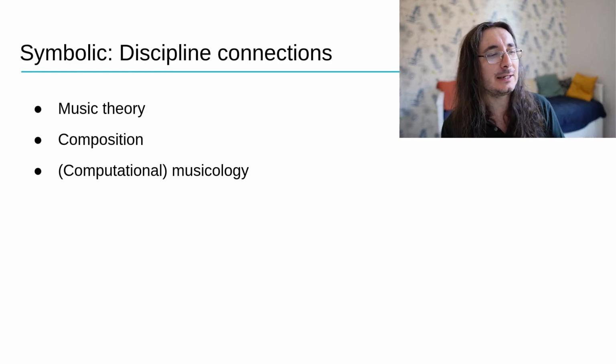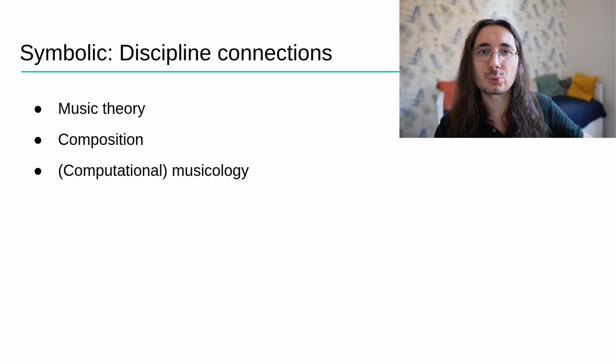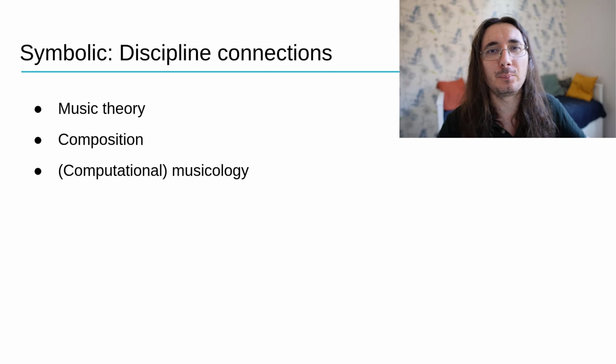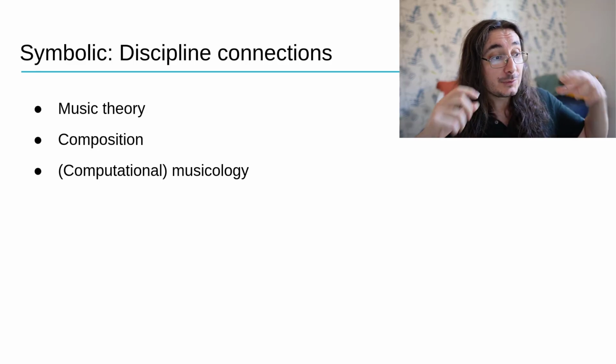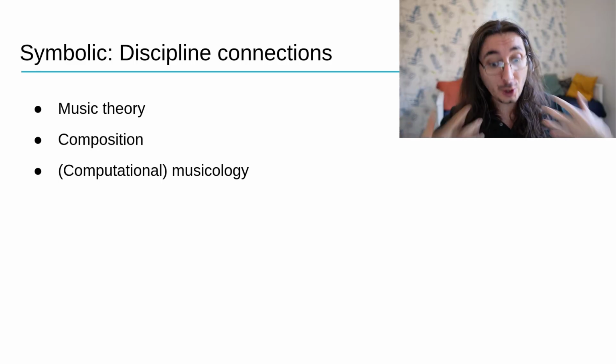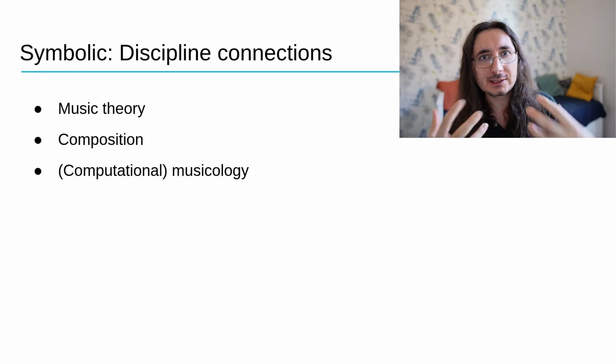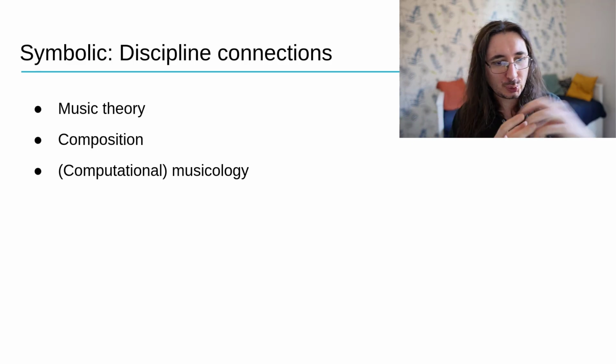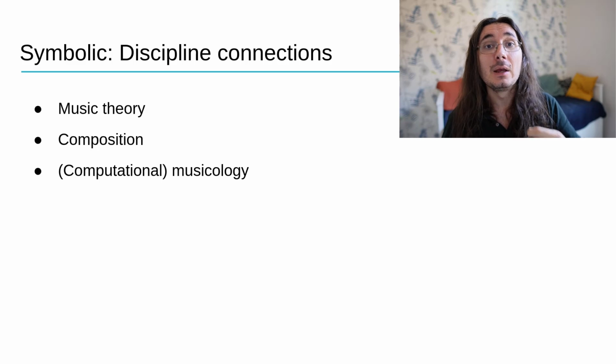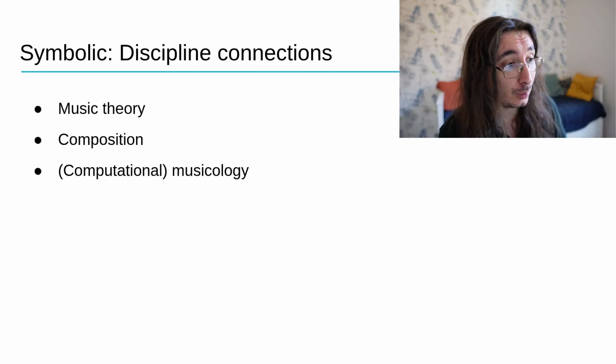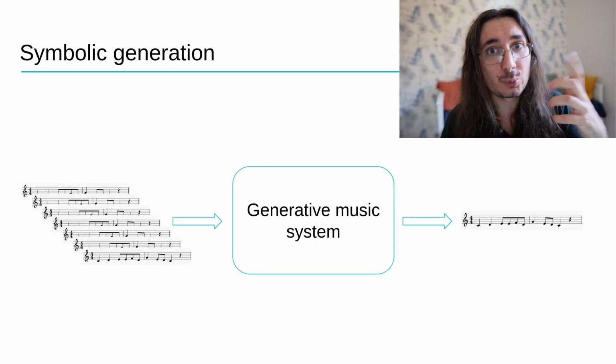This is probably one of the reasons why I really love dealing with symbolic models so much, because you can leverage your own understanding of music and music theory in order to craft representations that are as musically meaningful as possible. How does symbolic generation work?